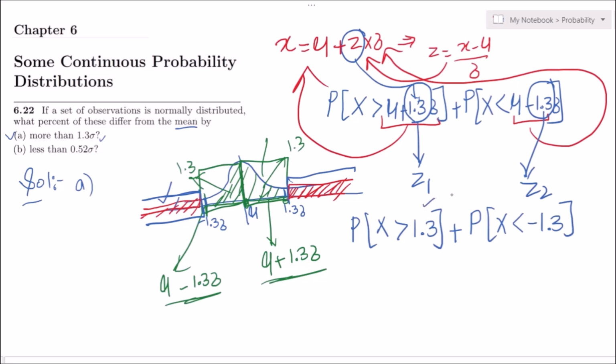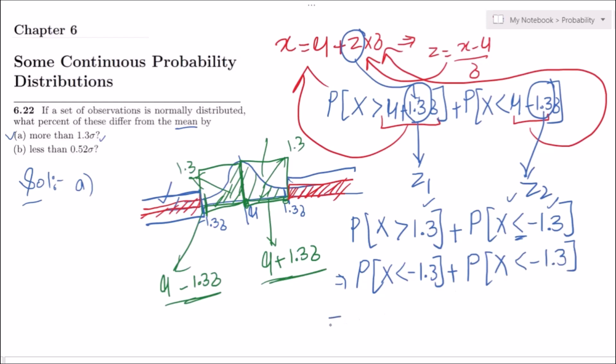So both of these percentages are the same. So now considering only this one, which corresponds to the less than sign, adding both of them it will become 2 multiplied by the probability that x is less than minus 1.3.